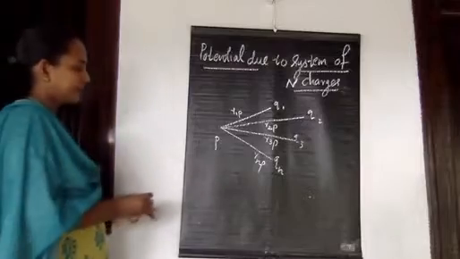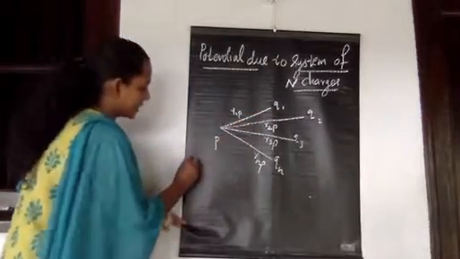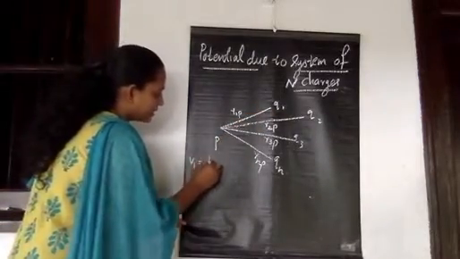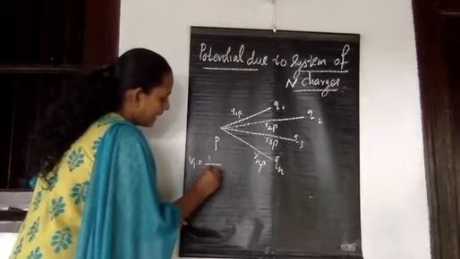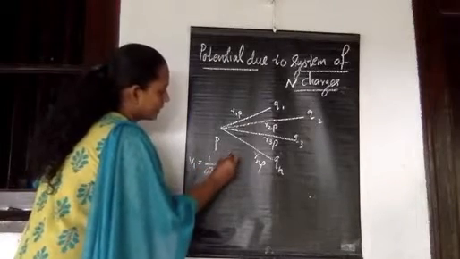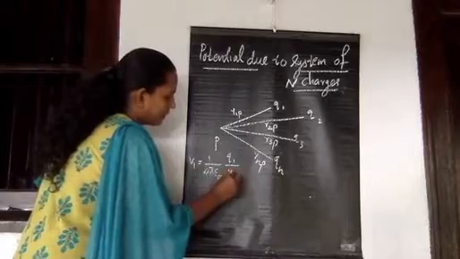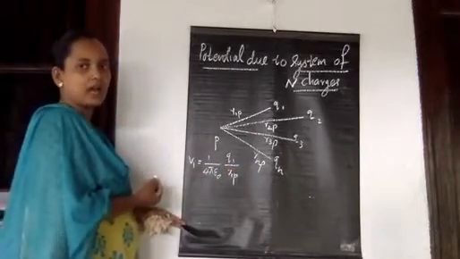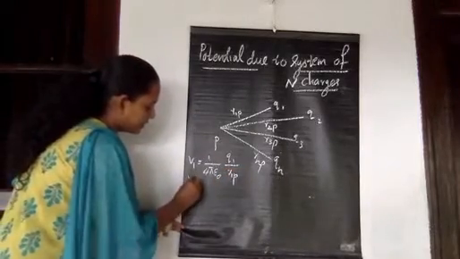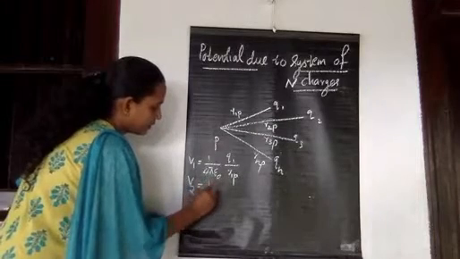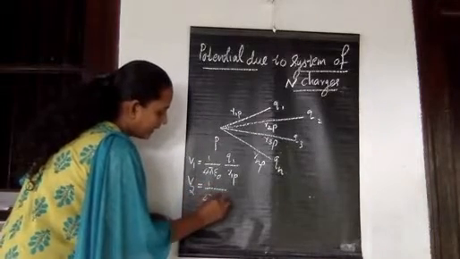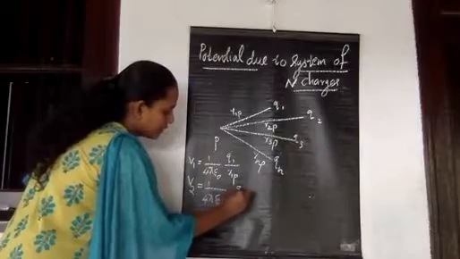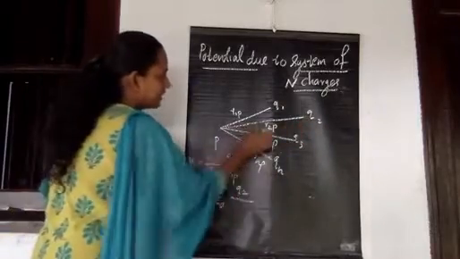Then what will be the expression for potential due to the first charge, that is V1. V1 is equal to 1 by 4 pi epsilon 0 Q1 divided by R1P, which is a scalar. And then the potential due to the second charge is 1 by 4 pi epsilon 0 Q2 divided by the distance R2P.